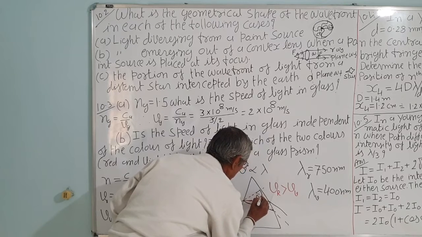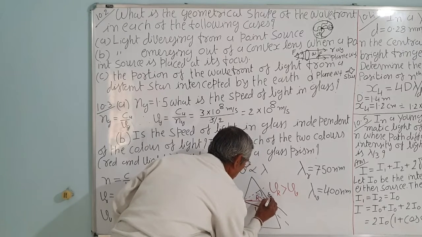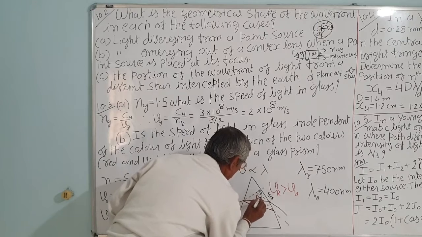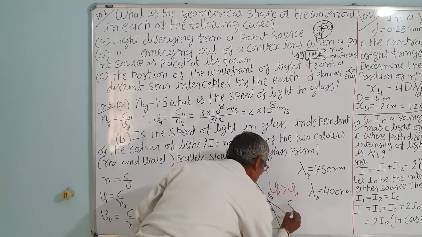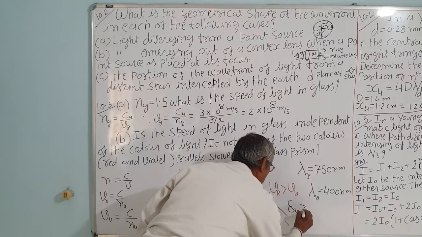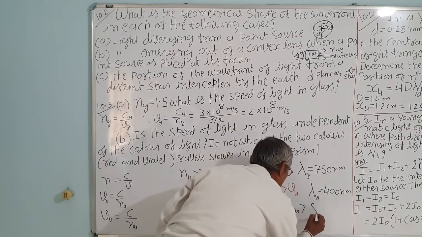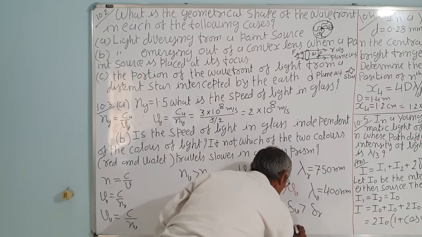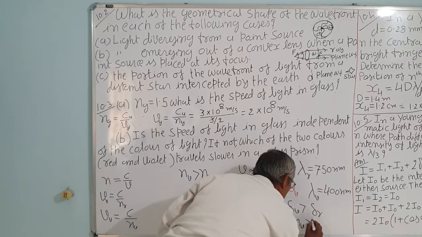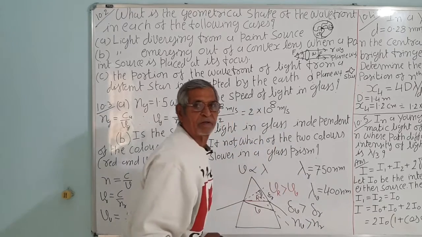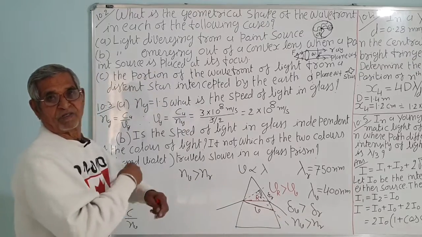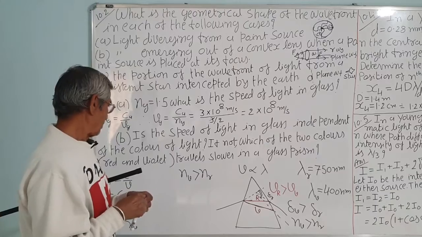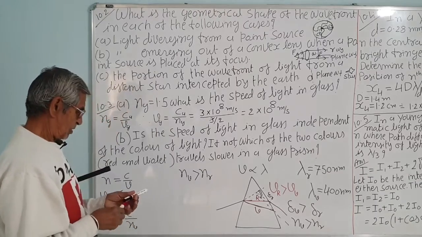So this angle is delta R and this angle is delta V. So delta V is greater than delta R. So mu V, naturally you know, or n V is greater than n R, remember. But the velocity of red ray is more. So velocity depends upon the wavelength, correct?